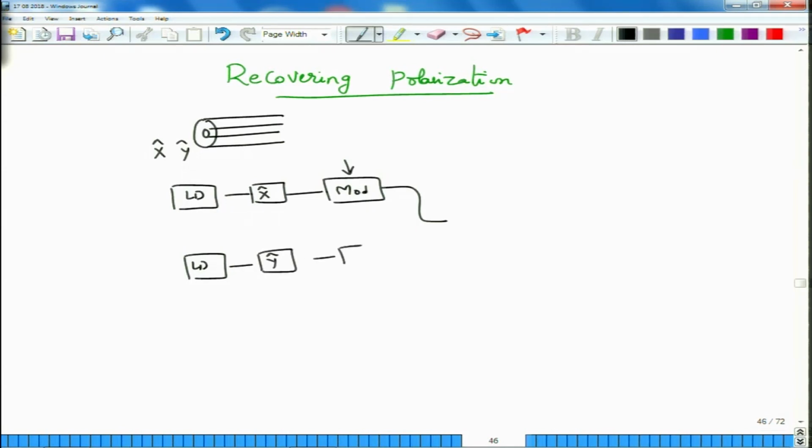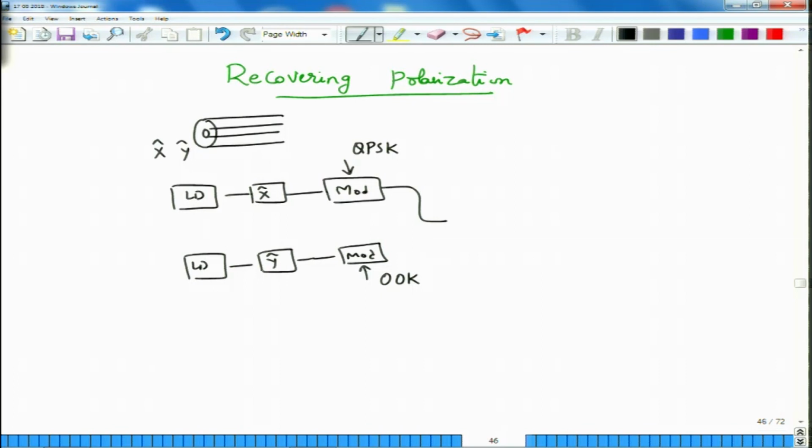Again, you can impose independent data onto each of those polarization components using whatever the preferred mechanism, and it's not even necessary that both should share the same modulation format. For example, the X polarized light could be QPSK modulated, whereas the Y polarized light could be a simple on off keying modulated.